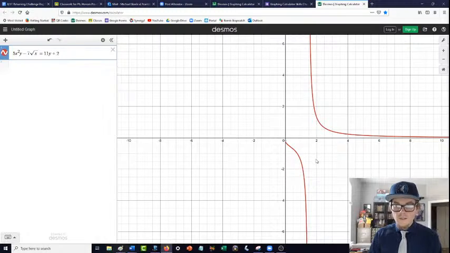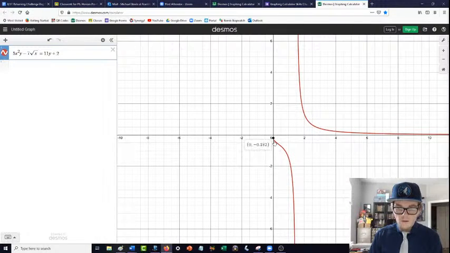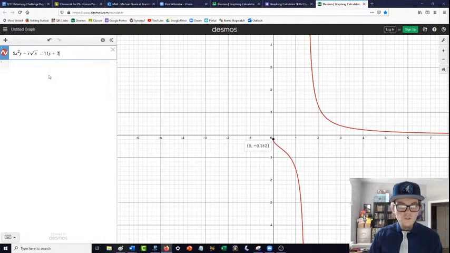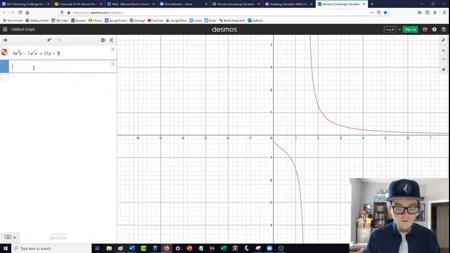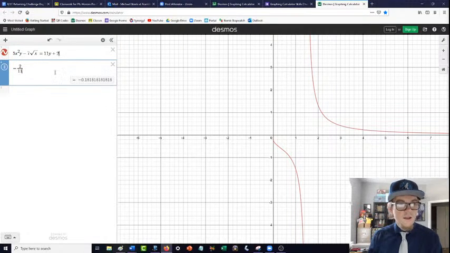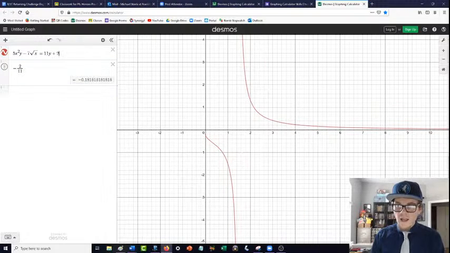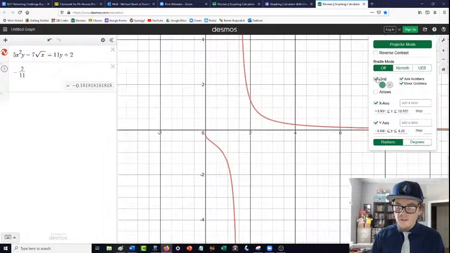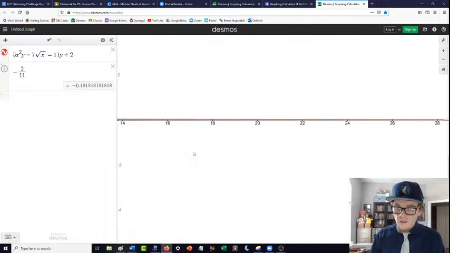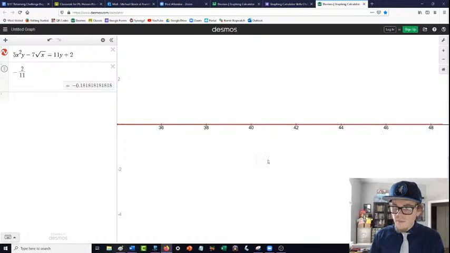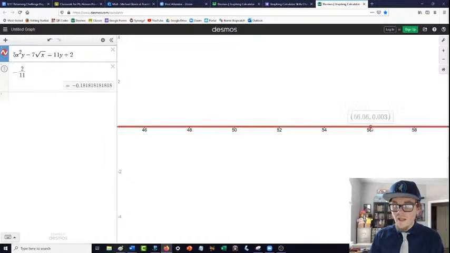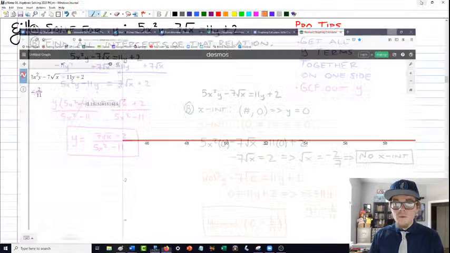That's why. Okay, so looking at this, we did say that there was a y-intercept. It says it's at negative 0.182. I wonder if that's negative 2 over 11. Look at that, 0.182. So that works out really nicely. As far as our x-intercept, we were going to see if it crossed the x-axis anywhere. And you know what? It looks like it's getting really close to it, but it does not seem like it's actually going to cross anywhere. So I'm thinking we did this correctly.